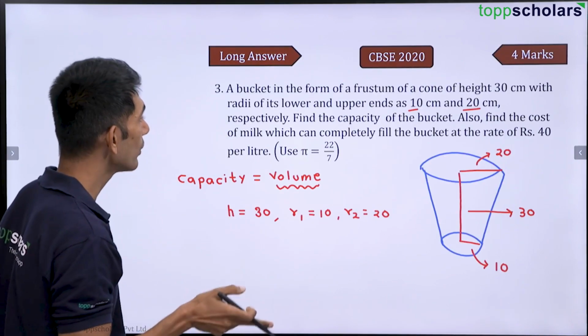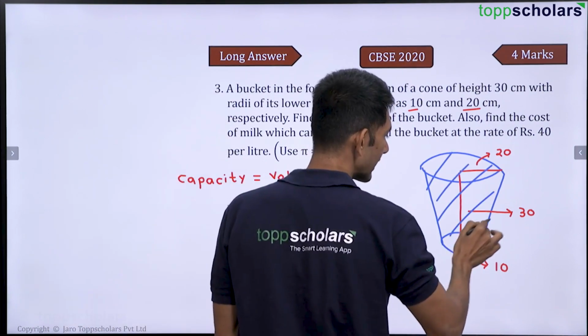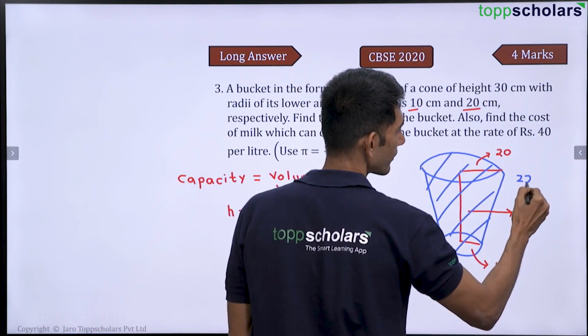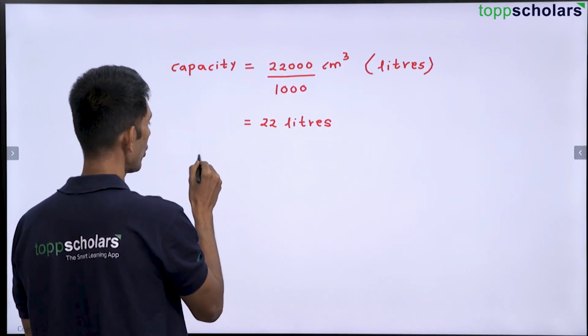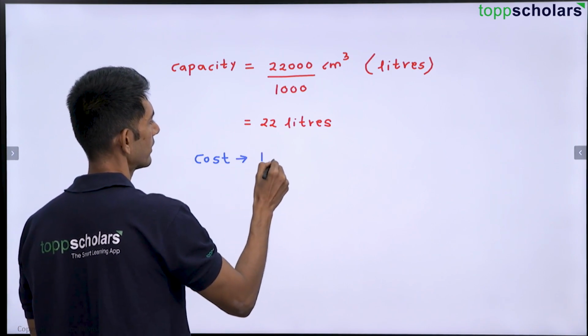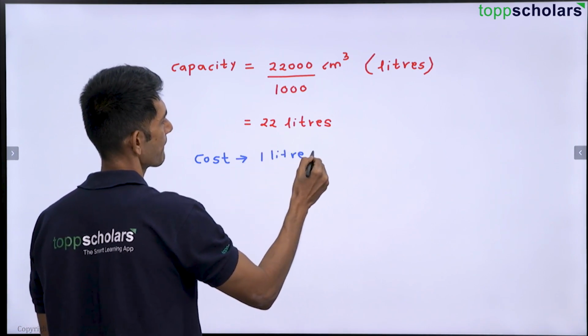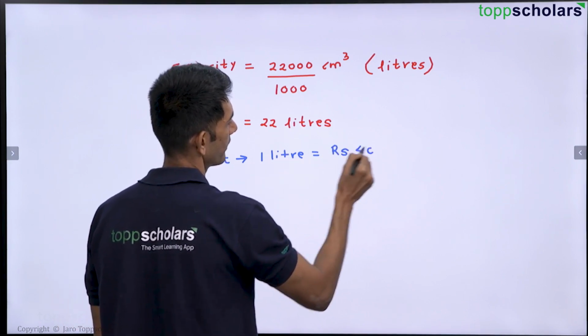We are supposed to find out the cost of milk which can completely fill the bucket. Now see, the capacity that it can hold is 22 liters. What is the cost for 1 liter? The cost for 1 liter is rupees 40.